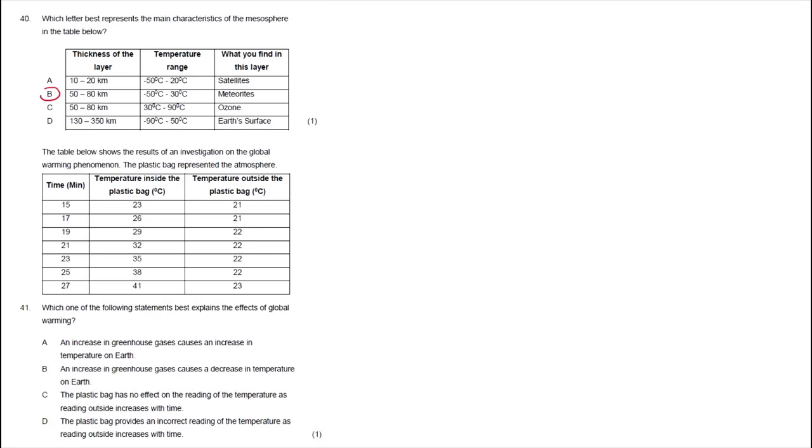And here we can easily see that this is the greenhouse effect. So the correct answer will be A, which says that an increase in greenhouse gases causes an increase in temperature on Earth, which then causes global warming.